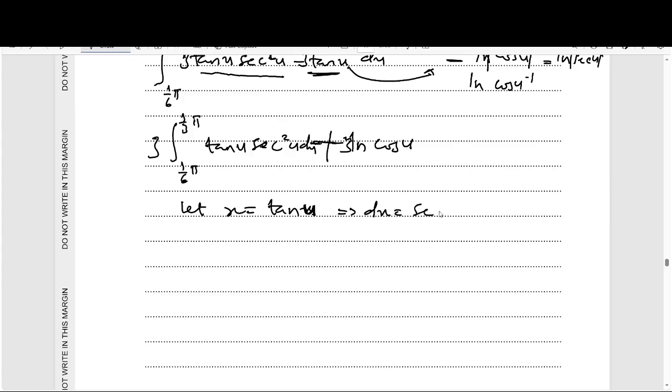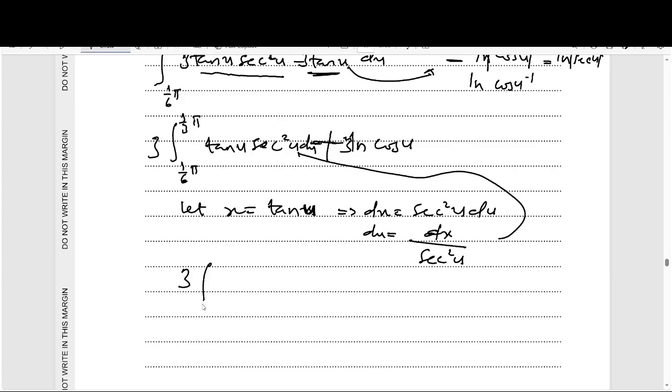dx is equal to sec squared u du. That means du is equal to dx over sec squared u. So I'm going to push that back into the integral that we have over here. So we have 3 outside and the integral from 1 over 6 pi to 1 over 3 pi.